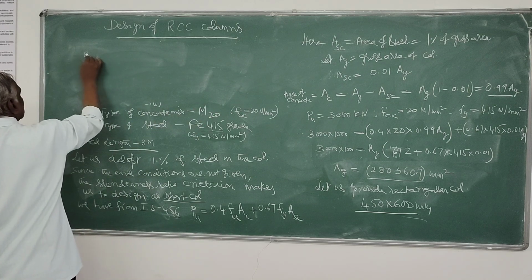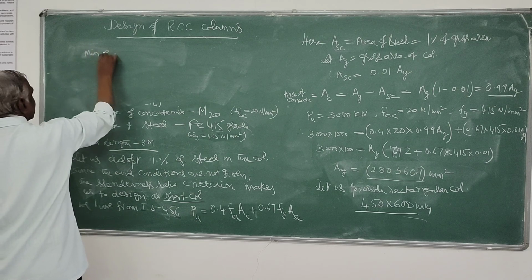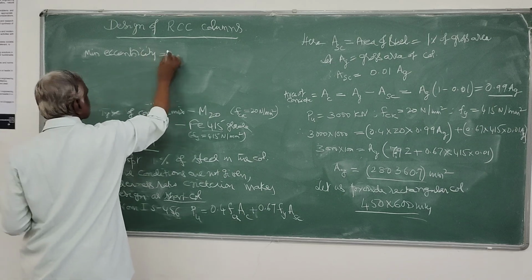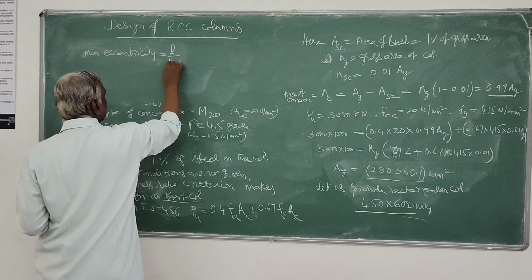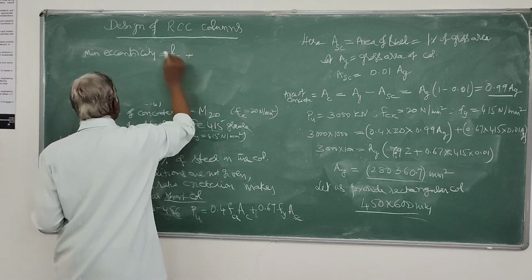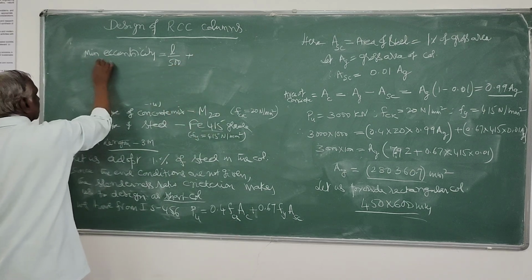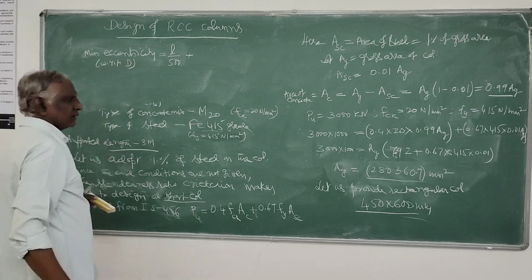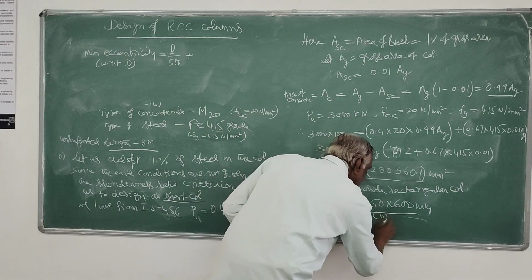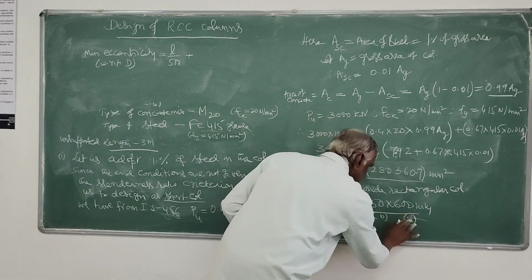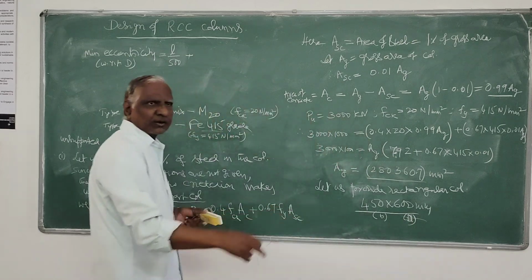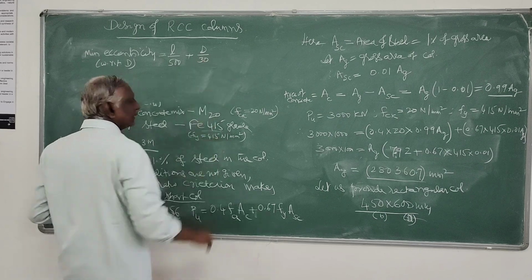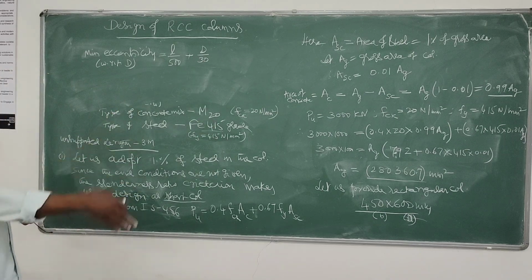So minimum eccentricity equals L by 500 plus D by 30, with respect to D. This is B, this is D, capital D. We use the same notation. With respect to D, it is D by 30. That's what I have given you.